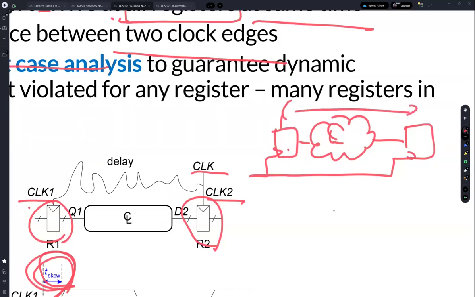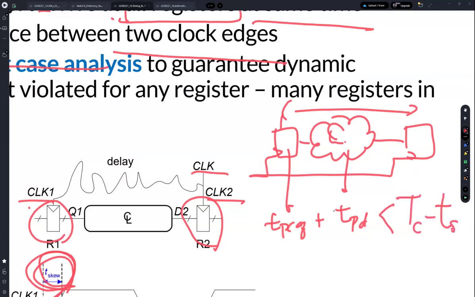So what's the maximum delay? TPCQ is the maximum delay of the D flip-flop, plus TPD, the propagation delay of the combinational logic, which is the maximum delay of the combinational logic. And this needs to be less than TC minus T setup. Right, this is the setup time constraint.